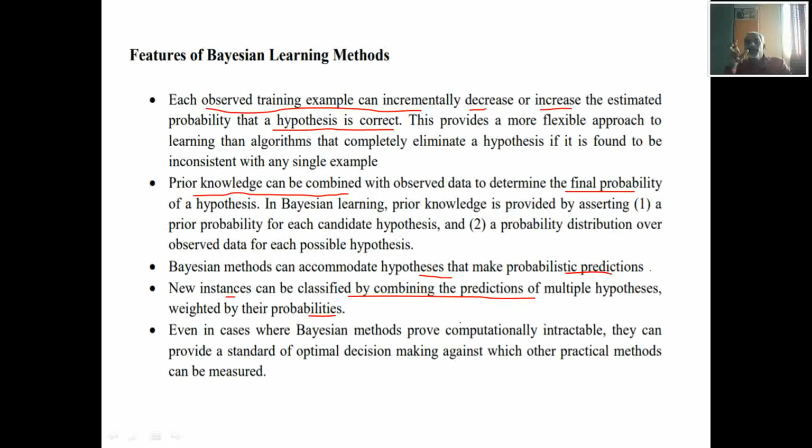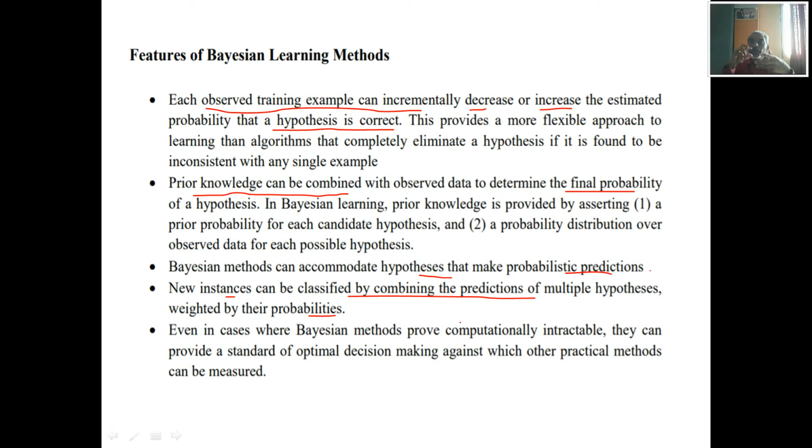Now you have three categories: ball of category A, category B, category C. Now you have a new instance. To which class do you have to put this ball? Whether in category A, category B, or category 3? There, we can combine the predictions of multiple hypotheses. So you will have that probability.